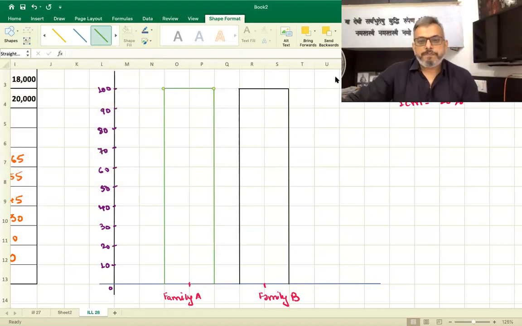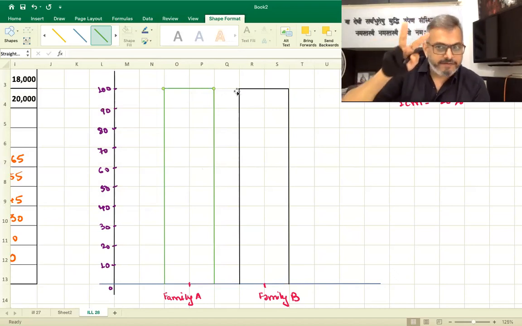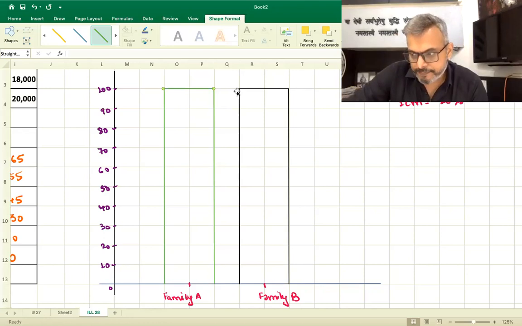Okay, now family A and family B, you can see both of the bars are of same size.